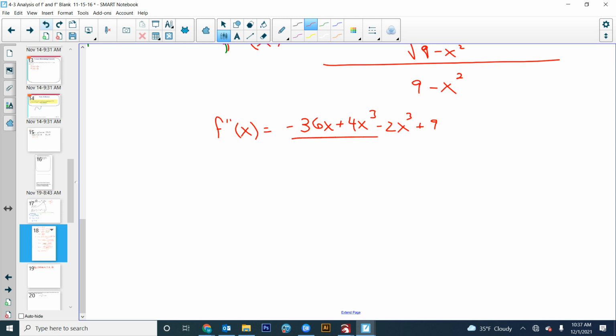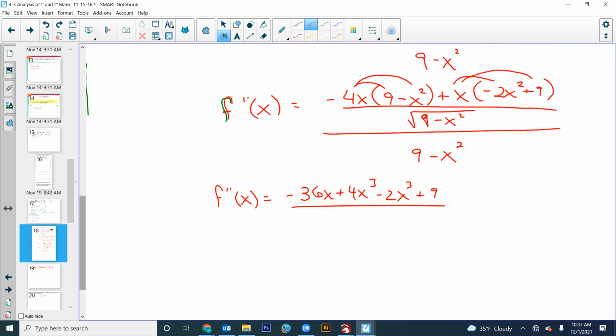Did I miss something? Hold on. That I undid one layer too much. Hold on a second. Negative 36x plus 4x cubed minus 2x cubed plus 9x over 9 minus x squared to the 3 halves. Okay. Thank you. That's what undid. Yeah, thank you.